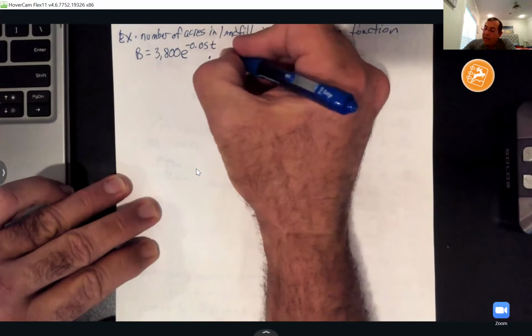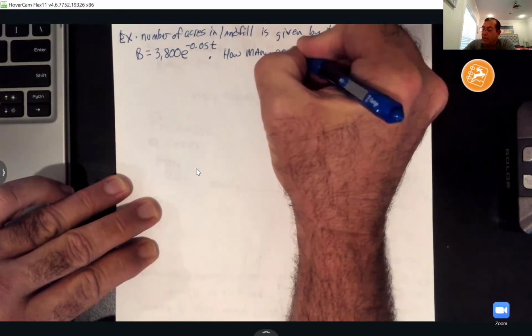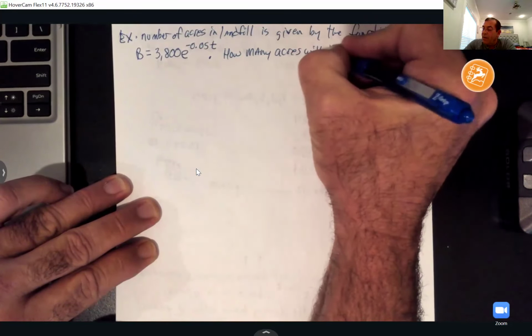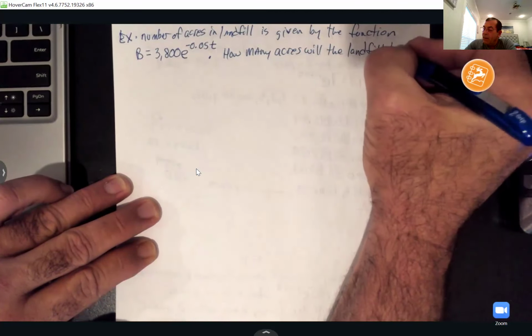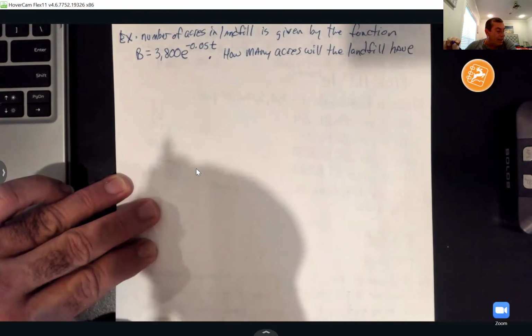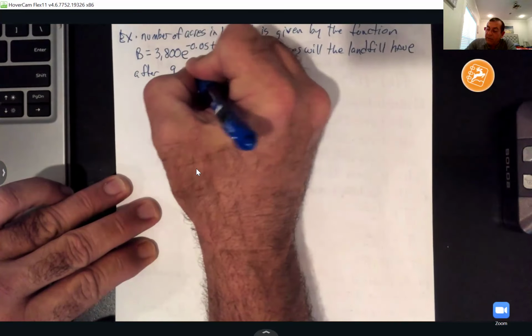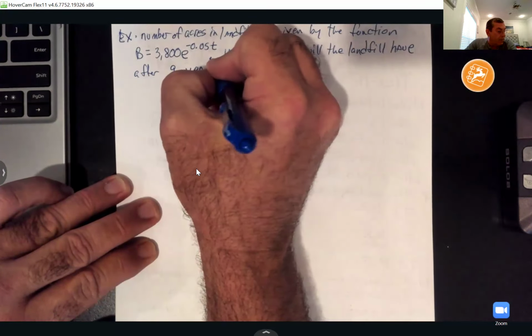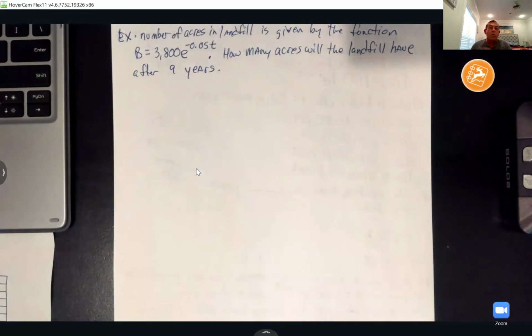Well, they want to know how many acres will the landfill have after 9 years. And it says round to the nearest acre. So once again, we won't have any decimal places. So y'all, I'll let y'all have fun with that one.